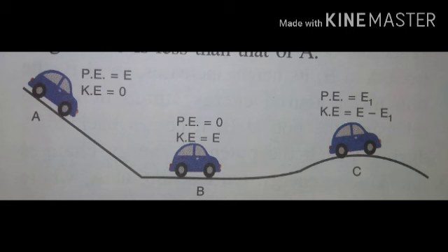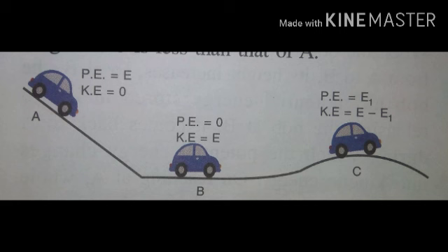Now we will see another example, the roller coaster. The car on a roller coaster at position A has only potential energy, equal to E, and no kinetic energy. As the car comes to position B, the whole of the potential energy changes into kinetic energy. So at B, it has kinetic energy equal to E and no potential energy. Due to this kinetic energy, the car rises to position C, during which the kinetic energy changes into potential energy.